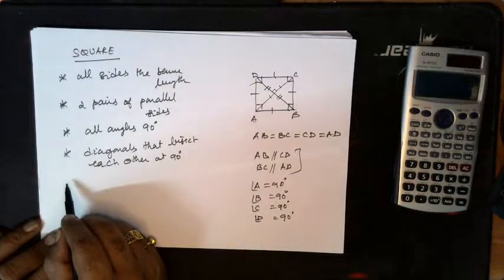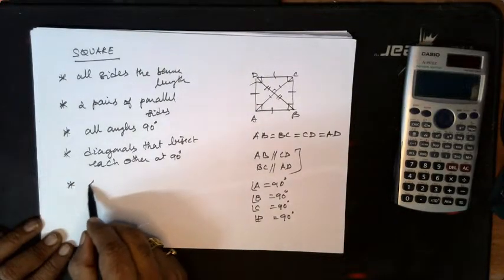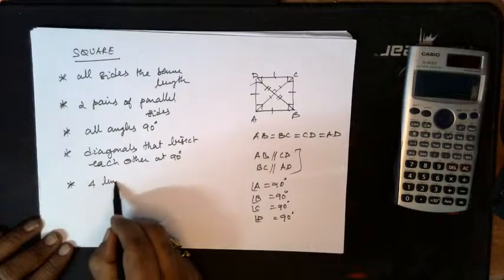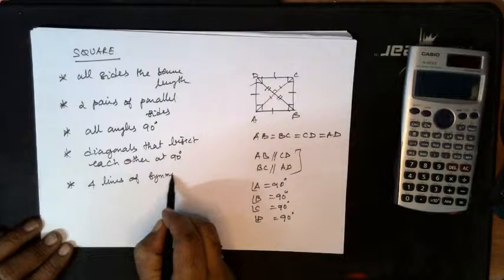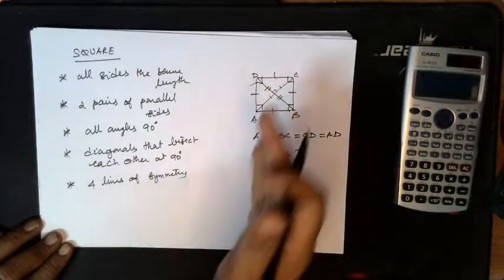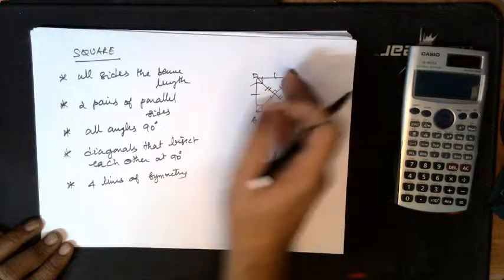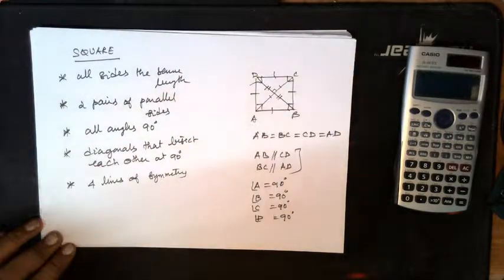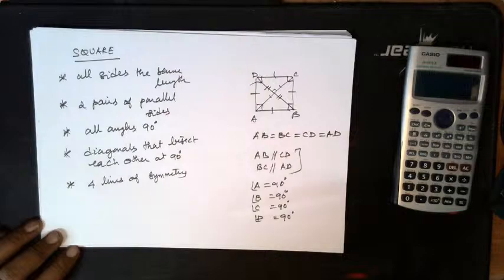And they have 4 lines of symmetry. So you can split it into 2 equal halves, 2 equal halves, and diagonally 2 equal halves. It means 4 lines of symmetry. Do you understand?